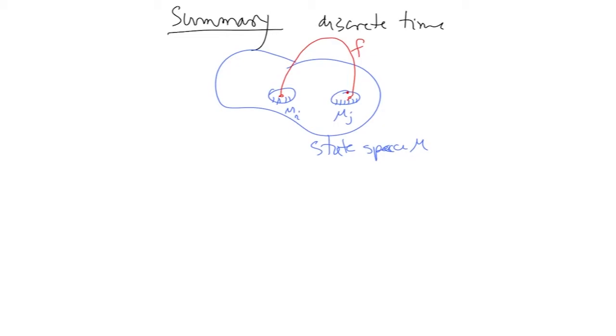We replaced it by the transition matrix. This is one time step, shortest possible time step dynamics.